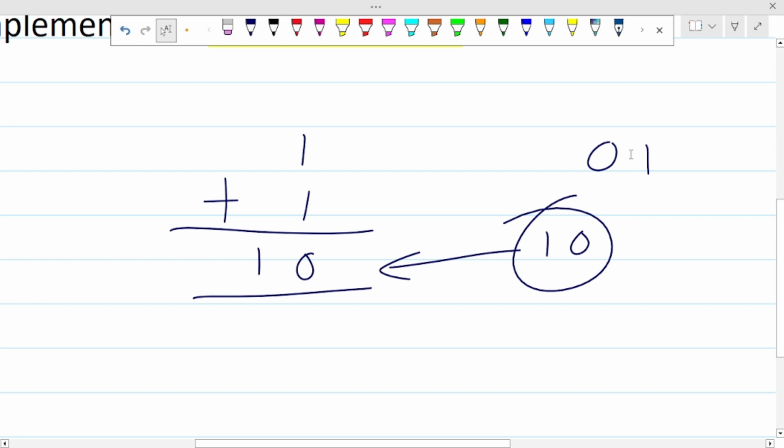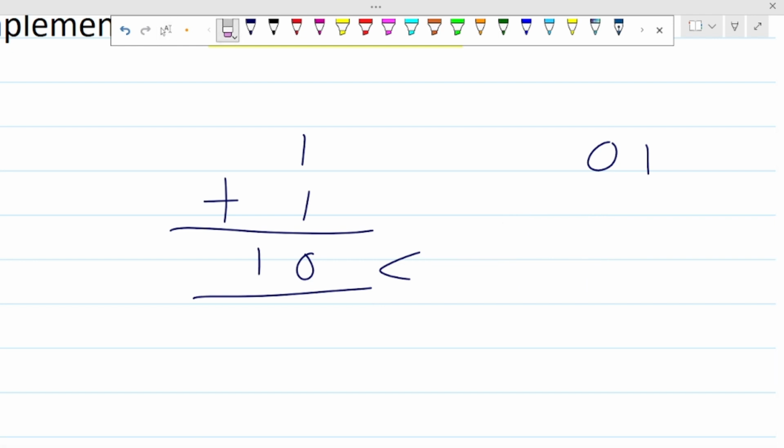Since we're in base 2, we cannot have 2; 1 less than 2 is 1. So in base 2 we have 2 numbers, 0 and 1. If you add 1 to 1, you cannot increase to 2, so you have to go back to 0 but keep 1 here. That's not supposed to be in this video, but it's okay.